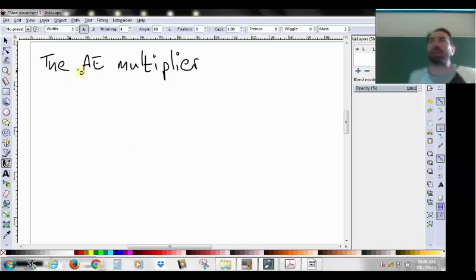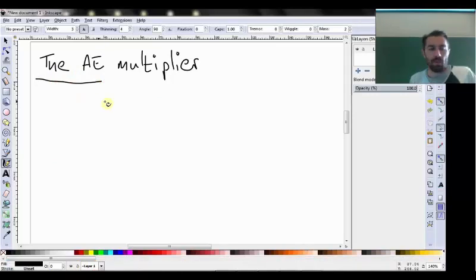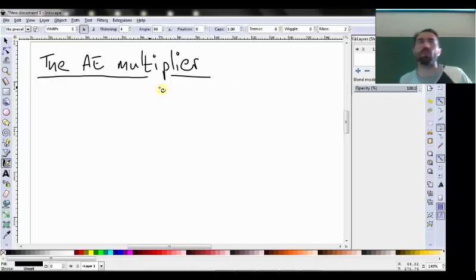We're talking about the aggregate expenditure multiplier, and there was a little bit of unhappiness about how you rearrange an equation and write a partial differential. So let's work through this.